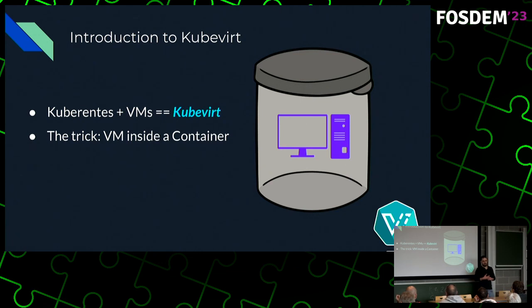This is basically an add-on or extension to Kubernetes, which lets you run VMs on top of Kubernetes as a first-class citizen, as completely cloud native. I'm not going to dive into all the architectural details here, but the trick is basically to run a VM within a container, like this picture tries to illustrate. And that's basically what you need to know for this talk.